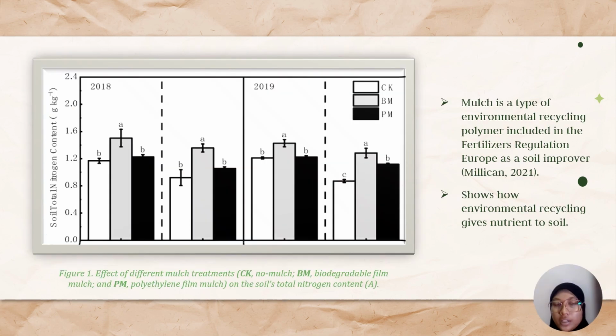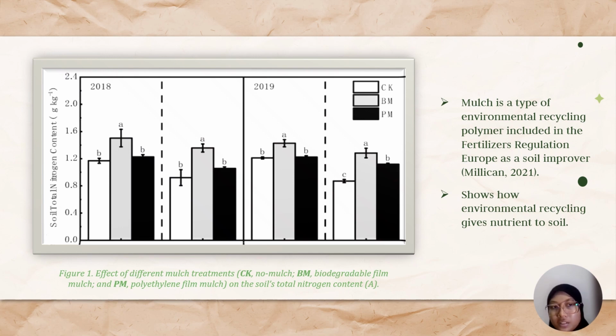Right here, we have a graph showing the effects of different mulch treatments on the soil's nitrogen content, with the white bar representing a plant with no mulch, the gray bar in the middle representing biodegradable films, while the black bar representing a plant with polyethylene pheromones.